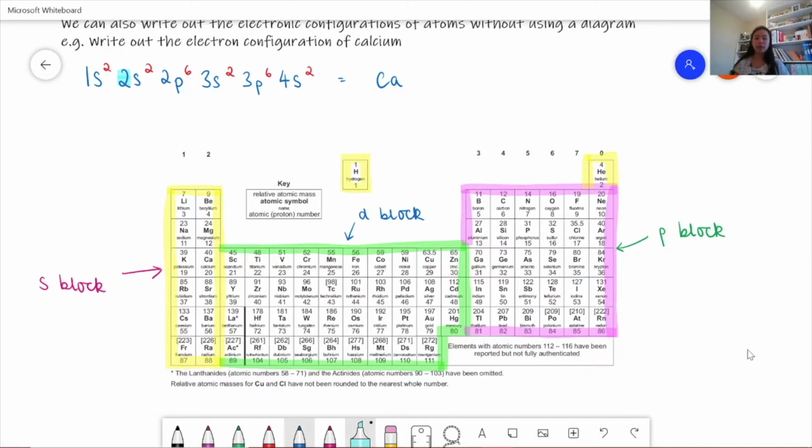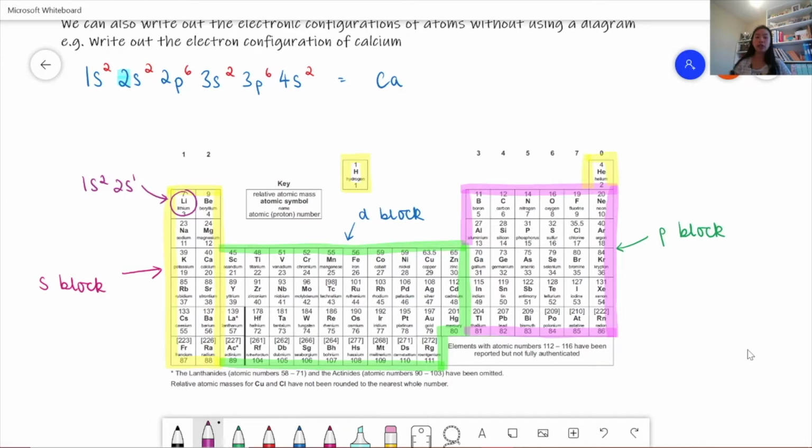So for example, we have lithium here, and this is an s block, so we know that the outer electron is in an s orbital, and it's also in period 2. So that means that the outer electron must be in a 2s orbital. And so the electron configuration for lithium is actually 1s2 and then 2s1.